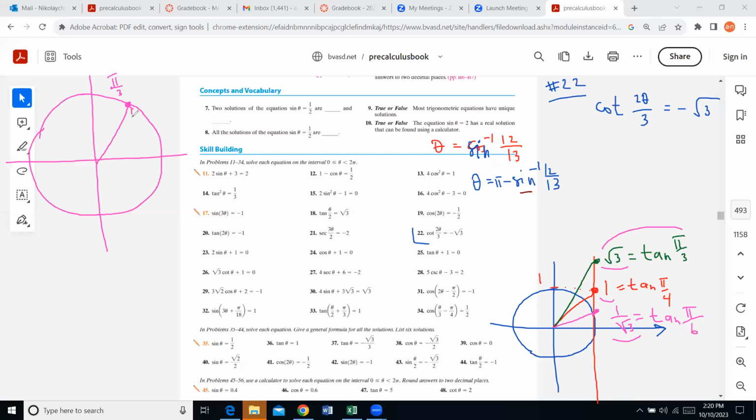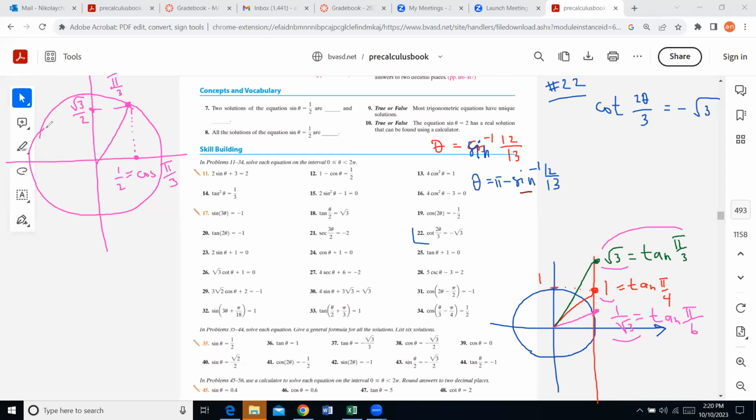So we already know its values. This one looks like a half, right? And that's cosine, and the sine is the y coordinate, so that'd be radical 3 over 2, right?